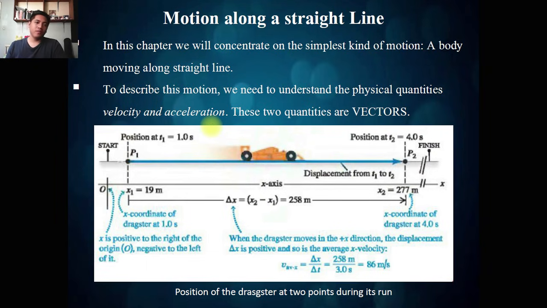We label going downwards as negative, and going upwards positive, going to the right positive, going to the left negative, according to our coordinate axis, but you can change that as long as you are consistent with your sign. If we choose the downward direction as negative, the acceleration due to gravity is negative 9.81 meters per second squared, but the magnitude of the acceleration due to gravity is 9.81 meters per second squared.